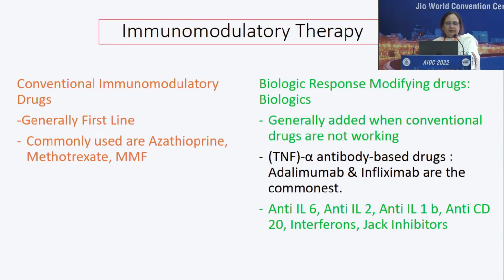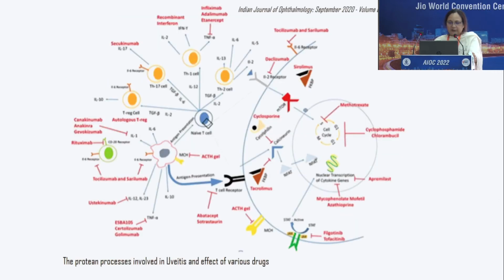So in immunomodulatory therapy, we have two categories. One is the conventional, including methotrexate, MMF, azathioprine, which is generally the first line. And now we have biologic response modifying drugs, which we commonly call biologics. They are generally added when the conventional drugs are not working, but now that we are getting more comfortable with them, they are becoming first-line therapy in diseases like JIA or Behçet's, which are very severe forms of sight-threatening uveitis.